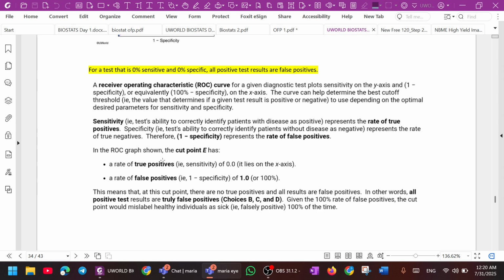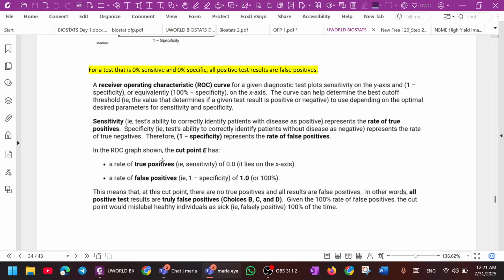All results are false positive. In other words, all positive test results are truly false positive. Given a 100% rate of false positive, the cut point would mislabel the healthy individual as sick 100% of the time.